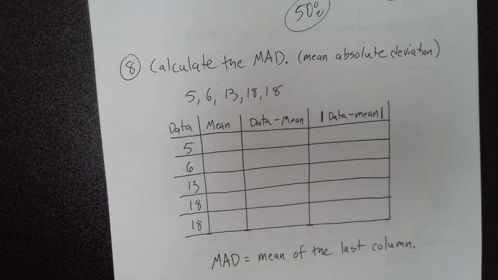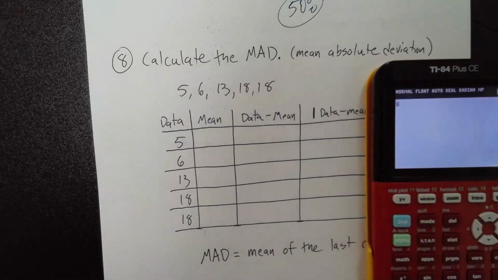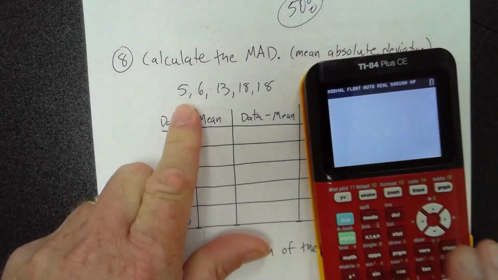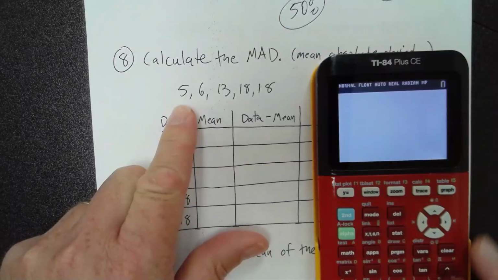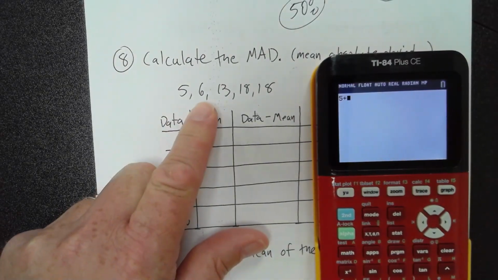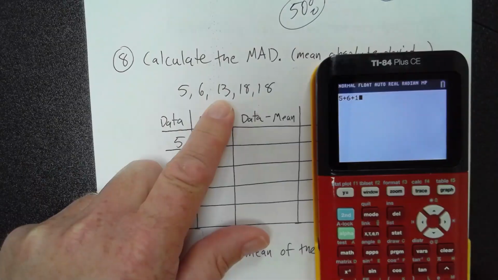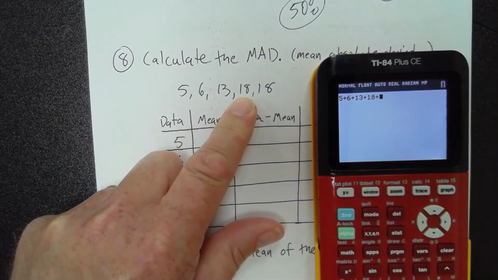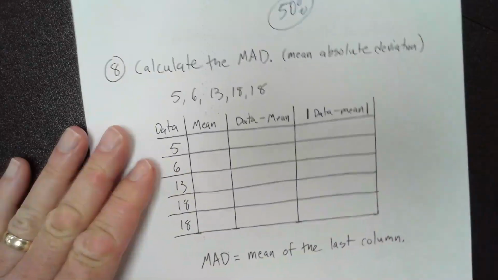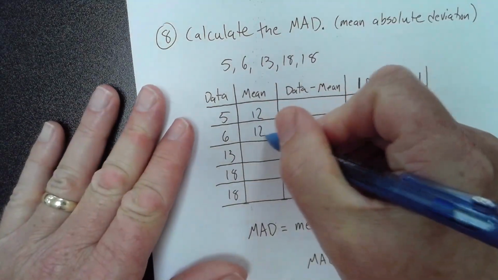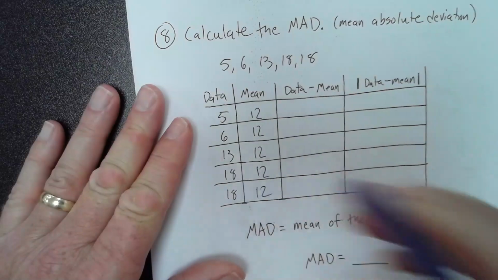So 5 plus 6 plus 13 plus 18 plus 18 is 60. 60 divided by 5 is 12. So the mean is 12. We copy that down all the times here.